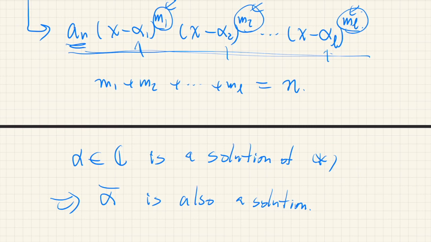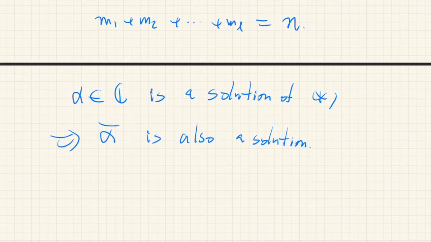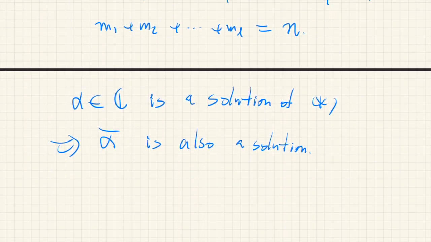I mean, given that all the coefficients here are real numbers, okay? If that's the case, then we always have complex conjugates as solutions. And you should prove that.